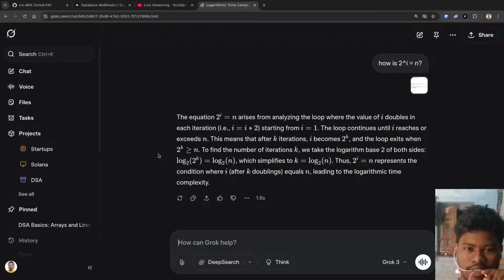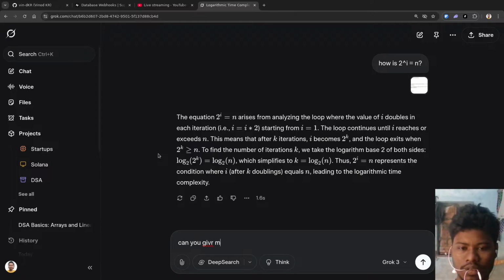The loop exits when this happens. We take logarithms of this.